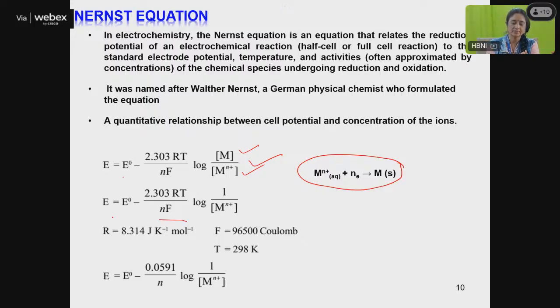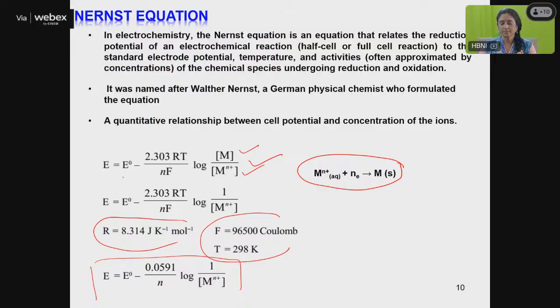After putting in all these values, if it is a one-electron system, it is only 0.059. If it is two electrons, then again divided by 2. So accordingly it will go.